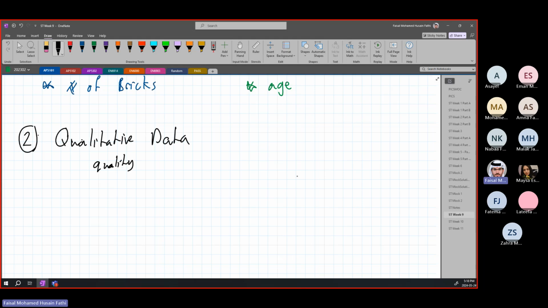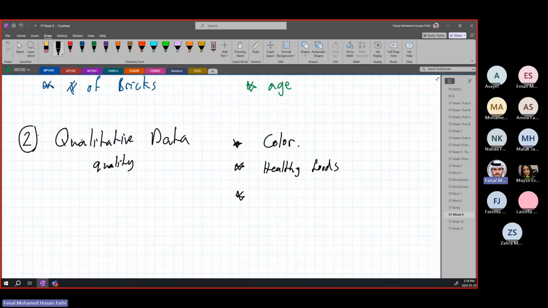For example, you could say the color of something, you could say it's black or orange or green. You could say healthy foods, all right? For example, you could say that this is a healthy type of food, or that's a non-healthy type of food, all right? And there isn't a numeric value to represent it.